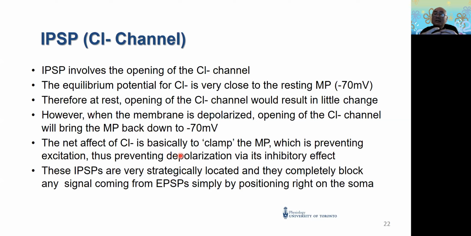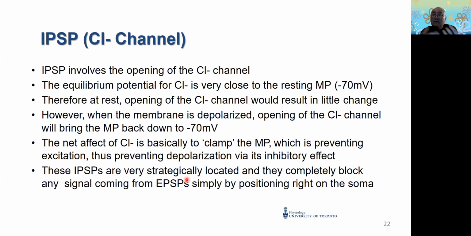So we say that it clamps the membrane potential because it's very close to the resting membrane potential. It's bringing the membrane potential back down to the level we would expect at rest. We're clamping it, holding it at that level. Neuroscientists like to have our own lingo, and clamping just means that we're holding it at that membrane potential level. So we're preventing that depolarization. This is an inhibitory effect, and so this is a block of that progression.